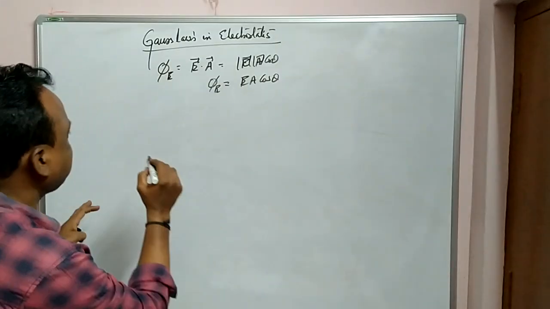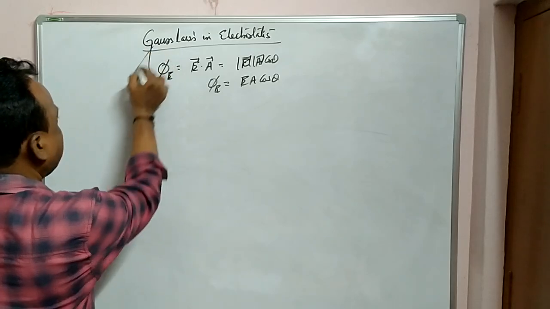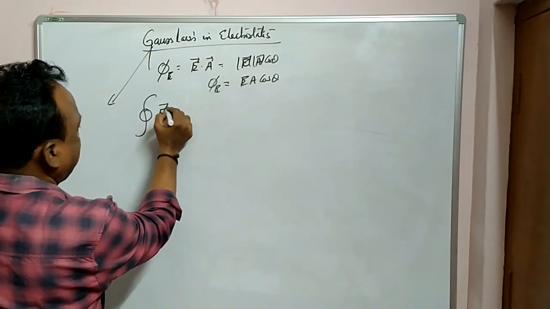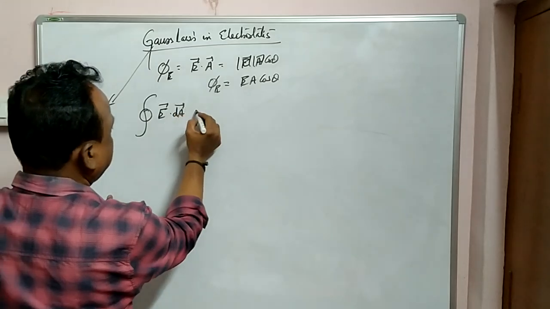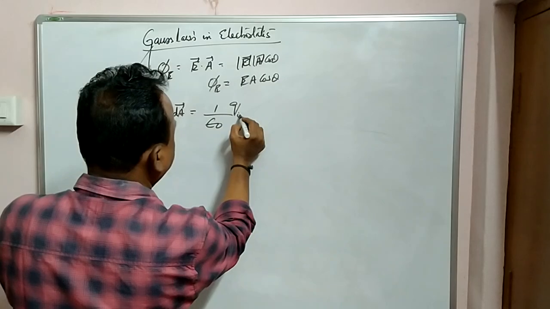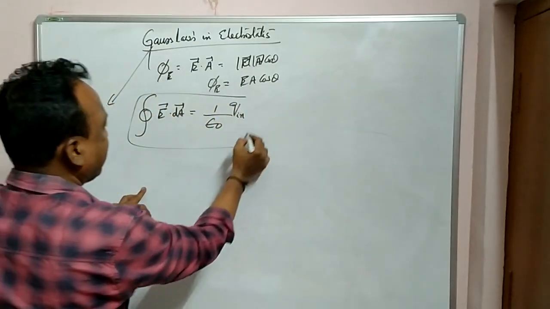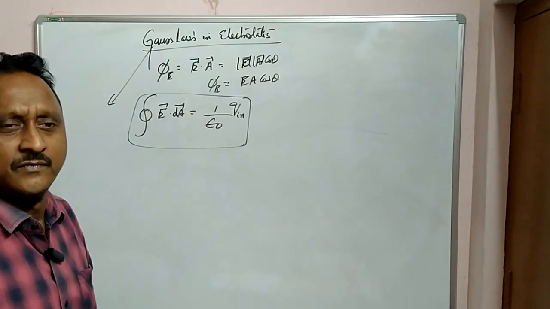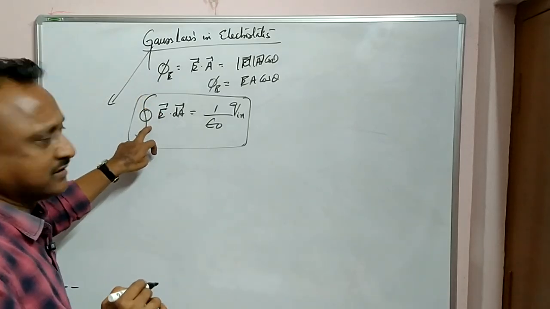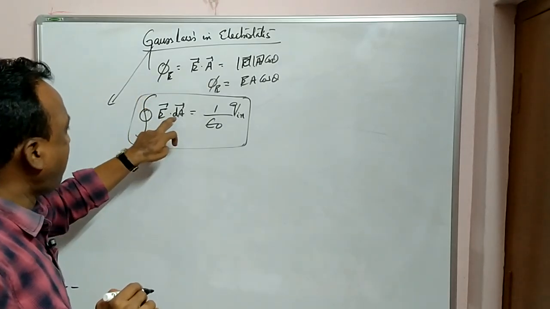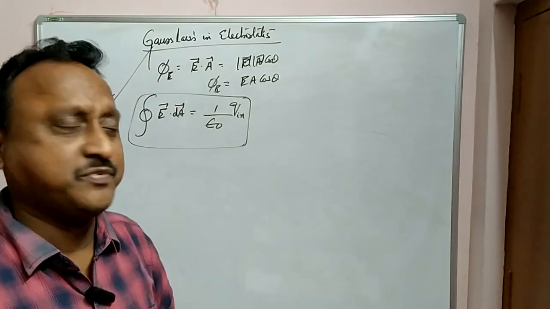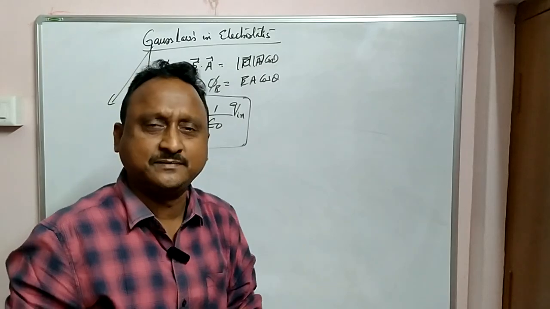Now what Gauss says is, the integral over a closed surface of E dot dA is equal to 1 by epsilon naught times Q inside. This is the very, very important Gauss law. You can apply it for any figure or body given. Integral over closed surface E dot dA, electric field intensity into dA, is equal to 1 by epsilon naught times Q inside.